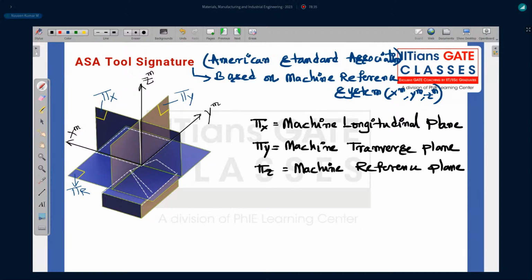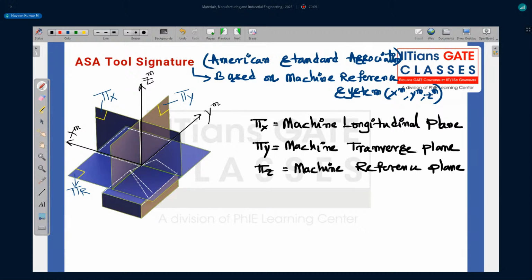So how do you identify pi x, pi y, pi r? Basically you have this pi r. From there I can just start building these pi x and pi y planes. That's it. Good. So please try to understand. The ASA tool system will follow basically three mutually perpendicular planes.